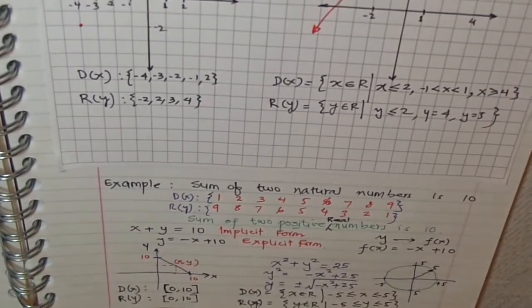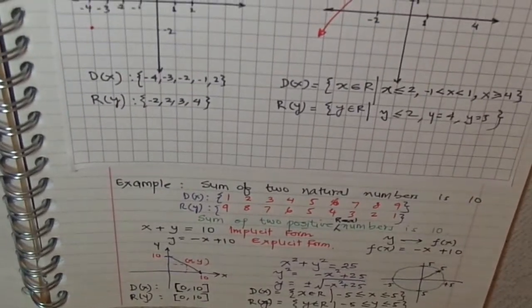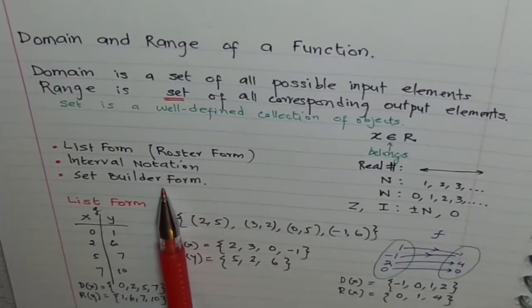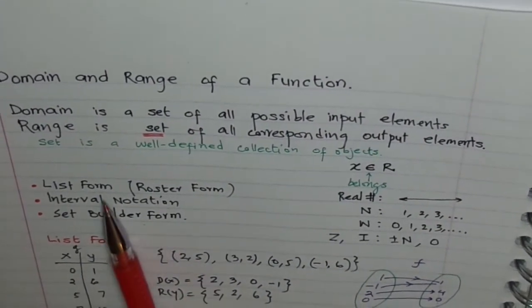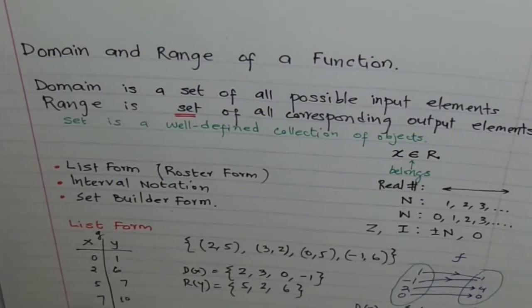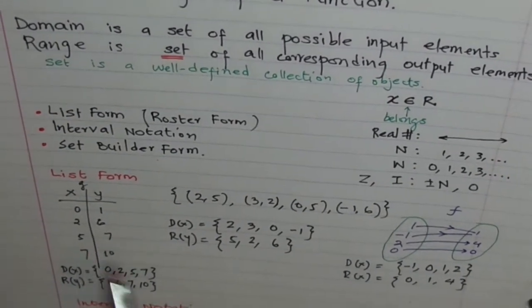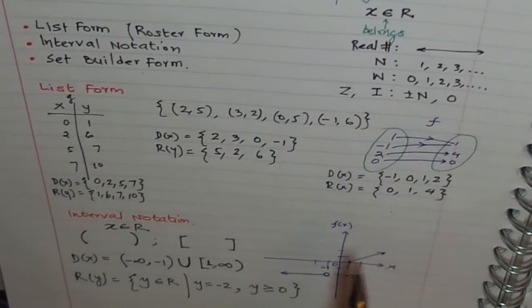Okay? So, today we learned about some very basic, simple cases, and we have understood that we can write domain and range in 3 different forms. One of them is list form, the other one interval notation, and set builder form. You can also mix and match as per your convenience. List form is very good in case you are considering sets in the form of tables, ordered pairs, mapping diagrams, or scatter plots.